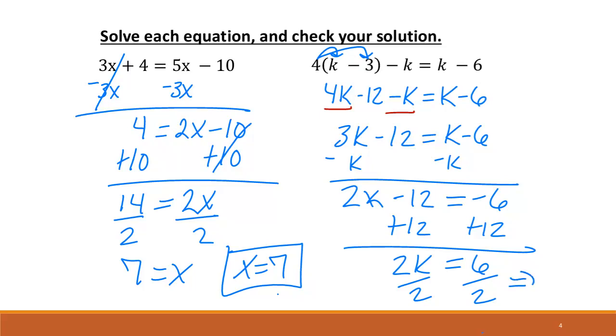And so my final answer here would be k is equal to 3. You can check by substituting back into the problem and making sure that both sides are equal to the same thing.